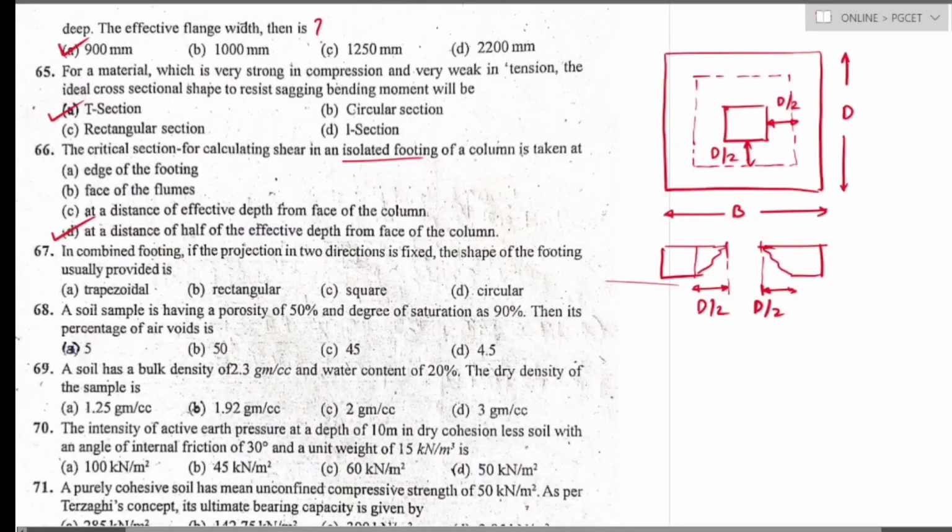The critical section is taken at a distance of half of the effective depth from the face of the column. Question number 67. In a combined footing, if the projection in the two directions is fixed, then the shape of the footing usually provided is rectangular in shape.